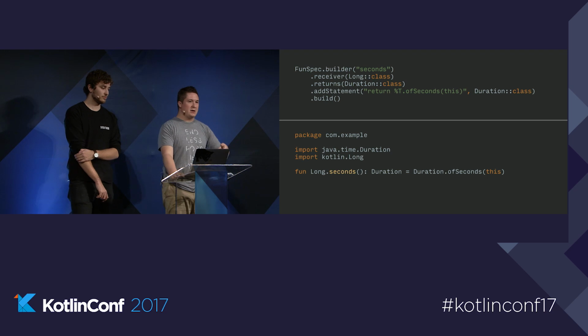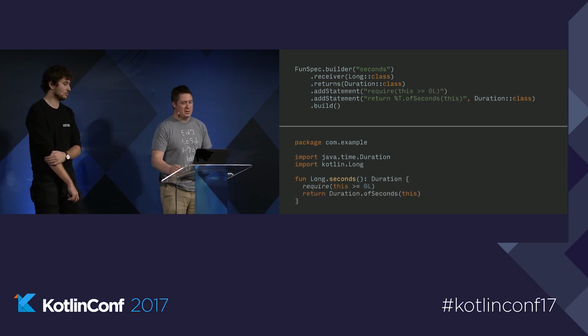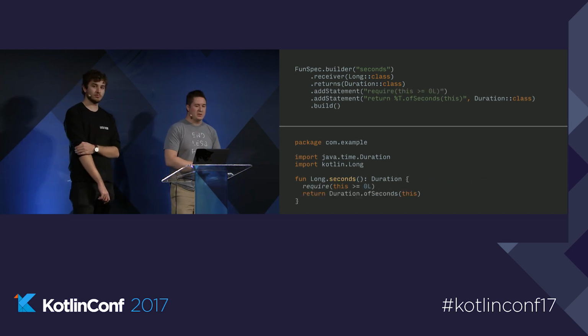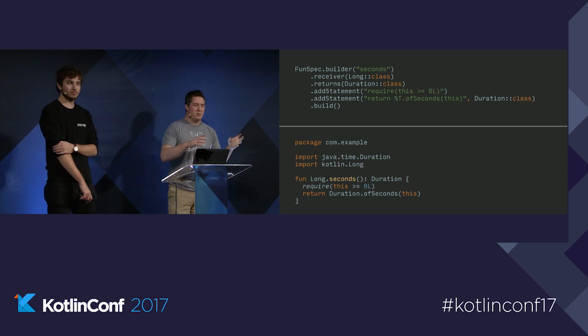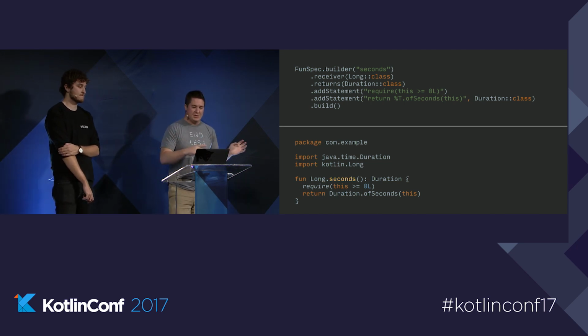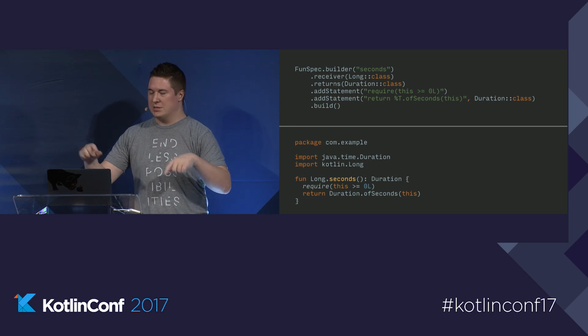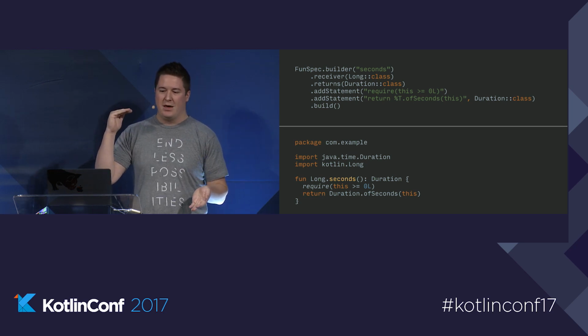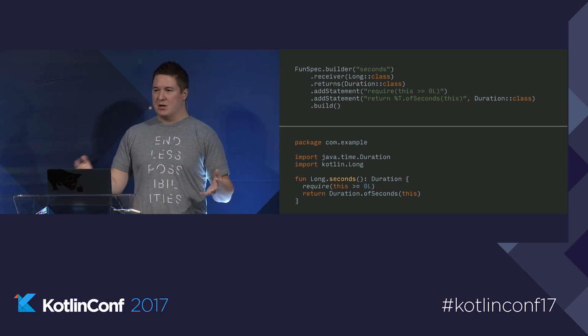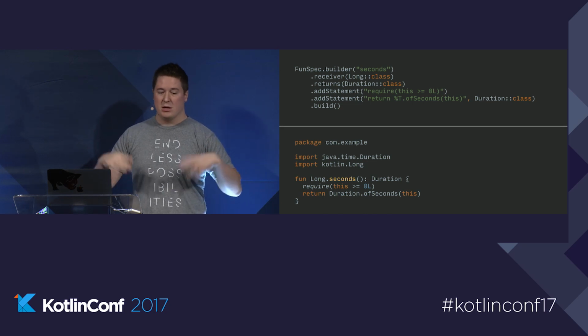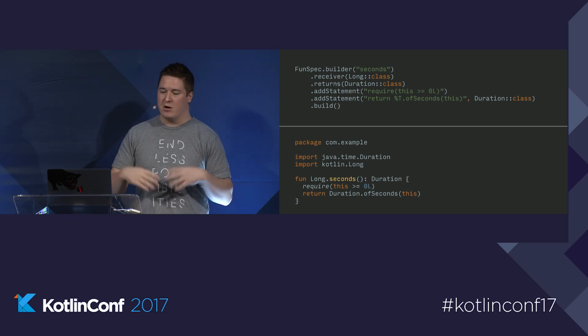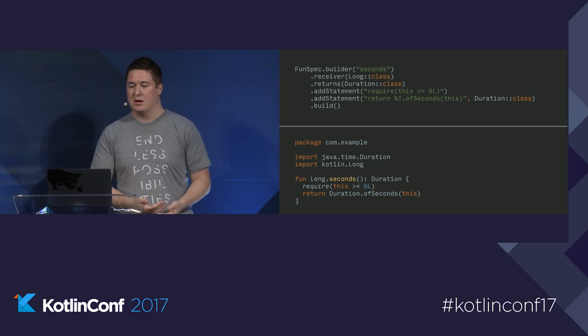Now, if you were to come back later and add a second statement, say to validate that the value you're converting is always greater than 0, KotlinPoet will undo that sugaring. It will desugar it into the full function body for you. And so you don't have to change the way that you're generating code based on whether you want an expression body or not, or the constructor property syntax or the separate property and constructor syntax. It just happens automatically: you tell KotlinPoet to generate the full thing, and if there are any optimizations that can be made, it will take care of it.